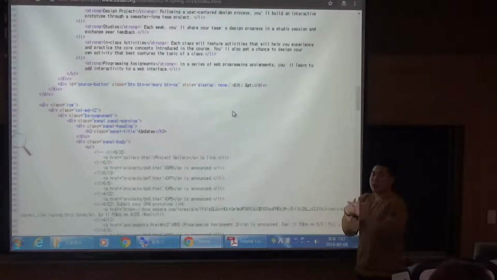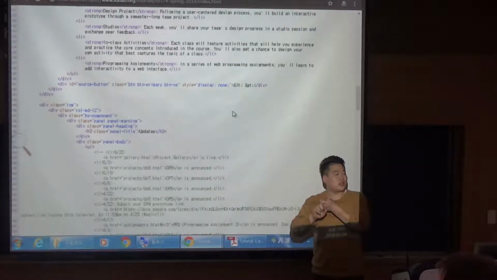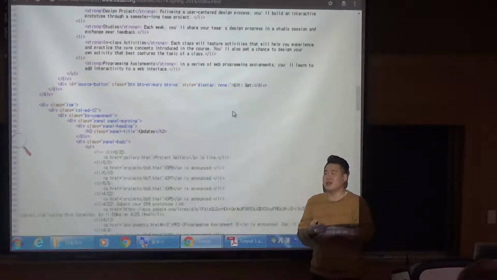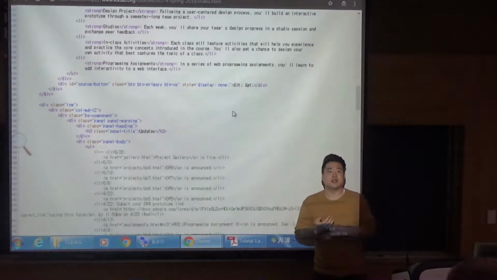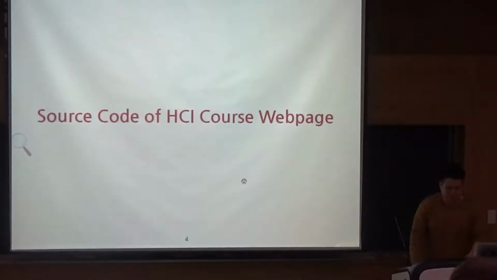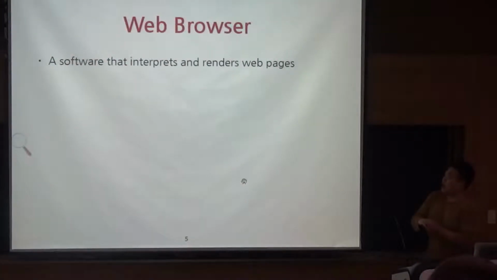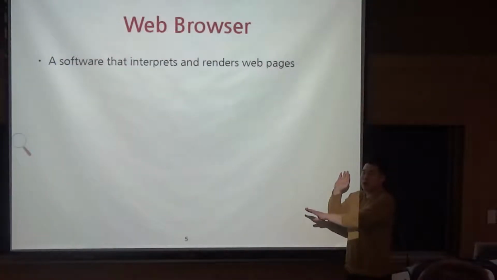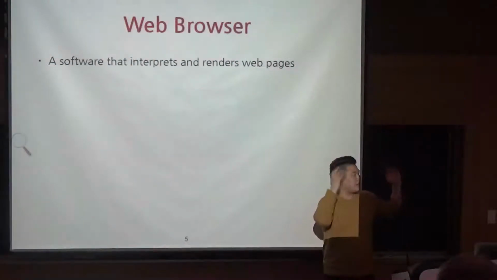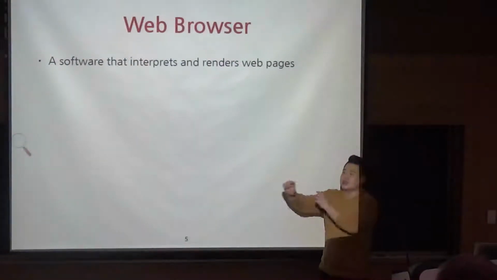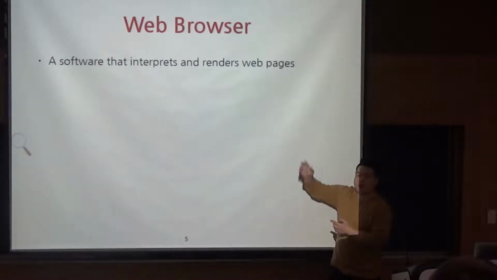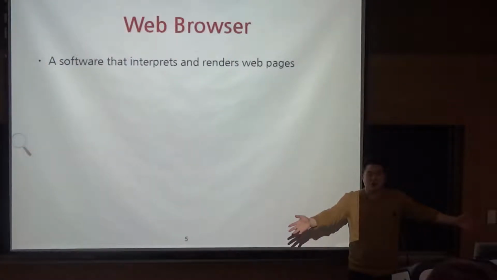And because HTML is a language, it has some syntax or grammar. Does it make sense? So we'll get to it. All right. So here we have a web browser, right? Like Chrome or Internet Explorer or Firefox. That software is called a web browser. And as the words say, it basically runs the web.